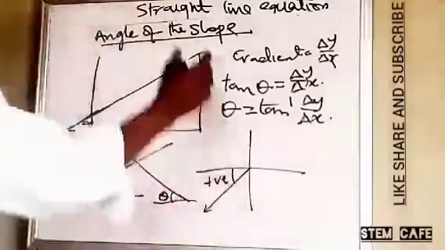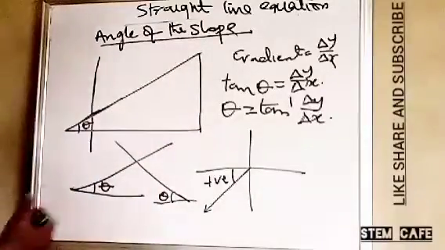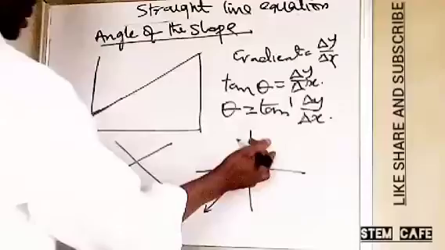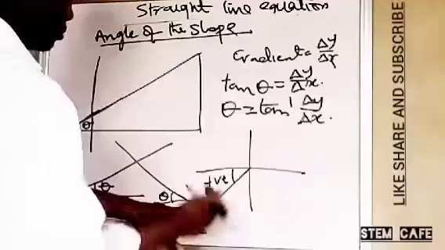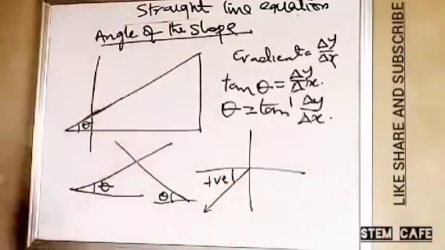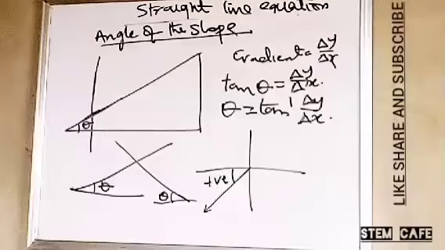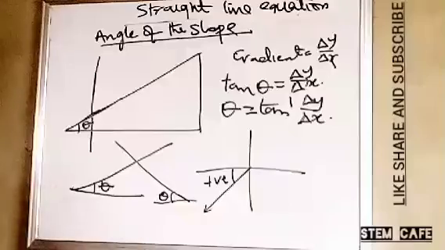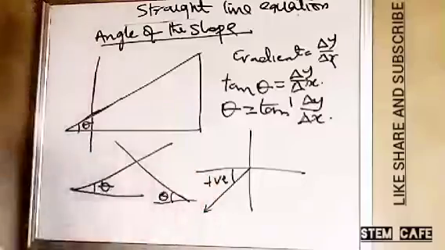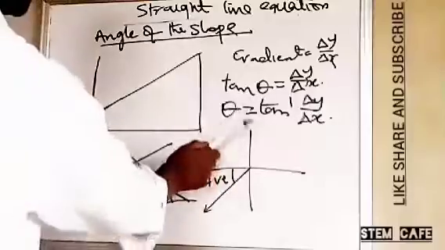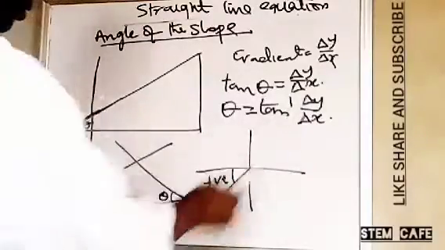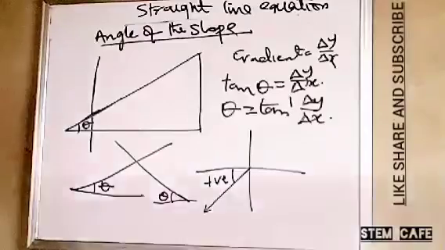So let's remember our all-positive, negative for tangent. We can have our tangent positive or negative, and then we can find the angle at every point. So the angle it makes with the positive x-axis is the arctan of change in y over change in x.